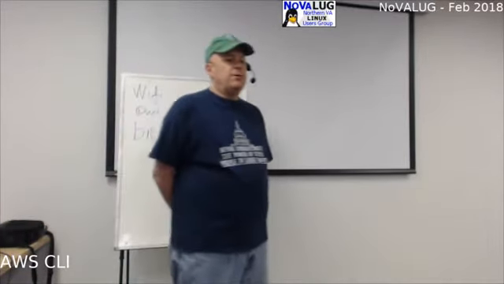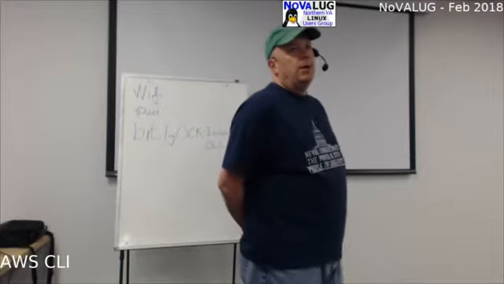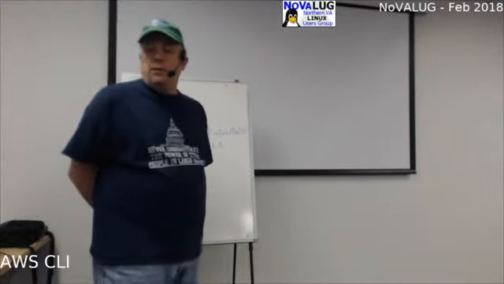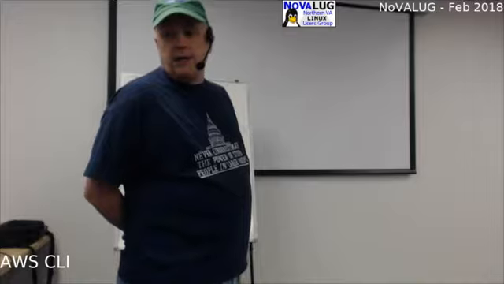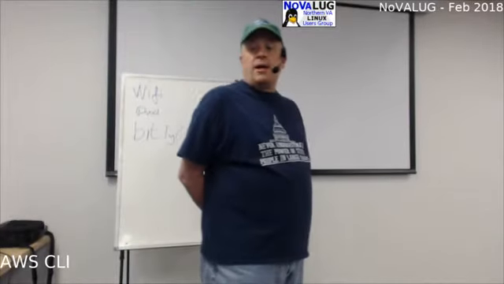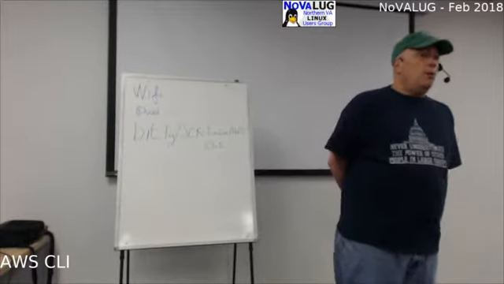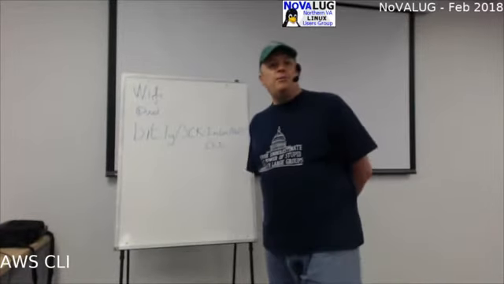It's kind of what I was getting at last month when I was talking about DMZ, public and private. So the command to do it is aws ec2 create-vpc --cidr-block, and then you can choose whatever private IP space you want.